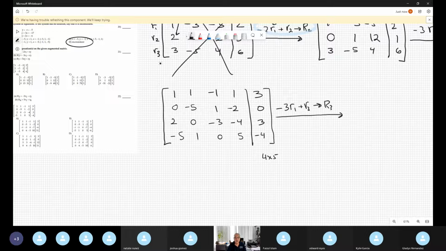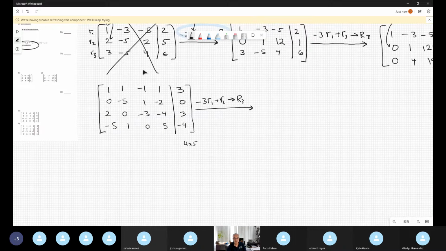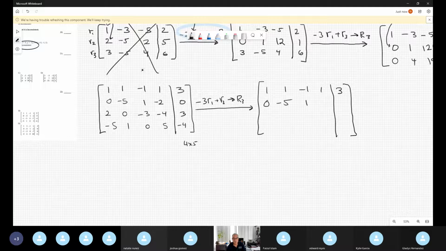So basically the only row that gets changed is row 3. Therefore, in this step, everything stays the same except row 3. 1, 1, negative 1, 1, 3, 0, negative 5, 1, negative 2, 0. I skip row 3 because I know I change the numbers.